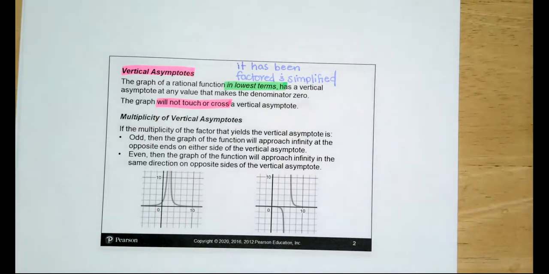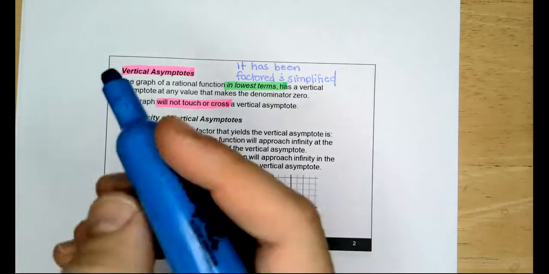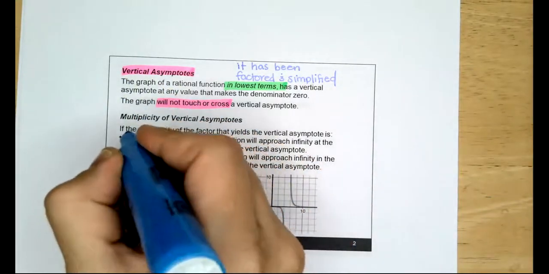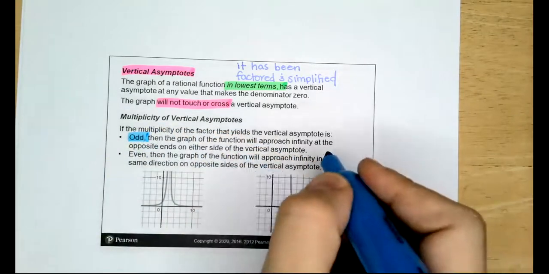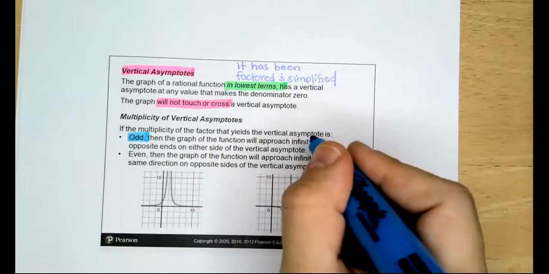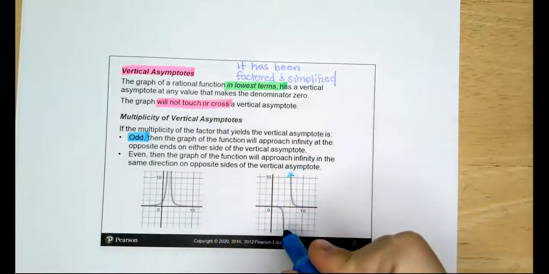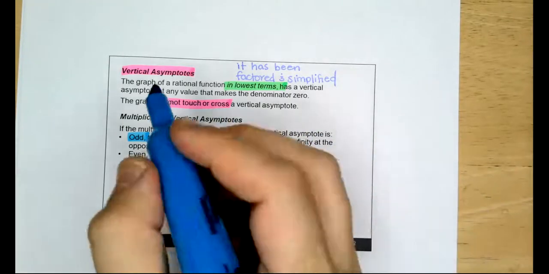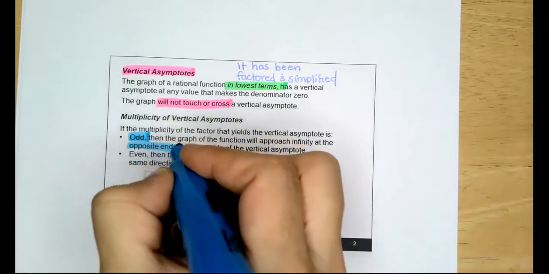If the multiplicity of the factor that gives us the vertical asymptote is odd, the graph of the function will approach infinity, which means it's going like this, right? Will approach infinity at opposite ends.